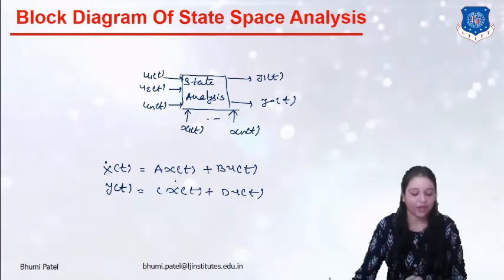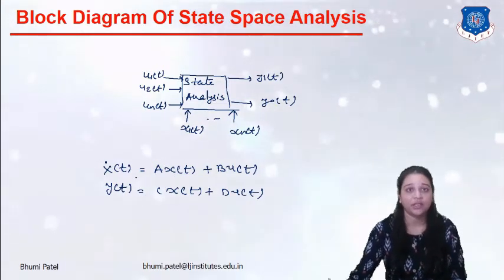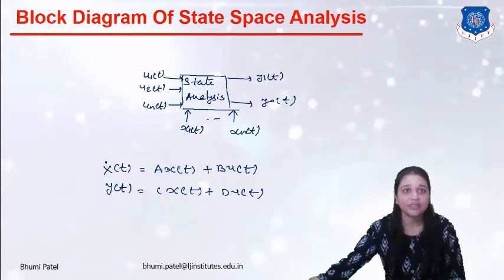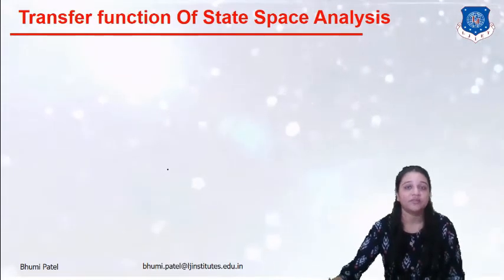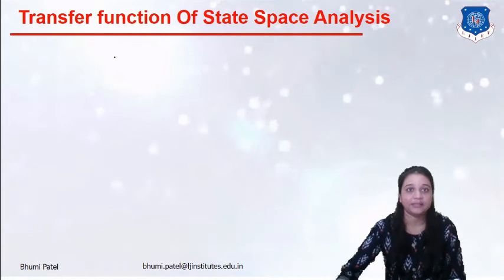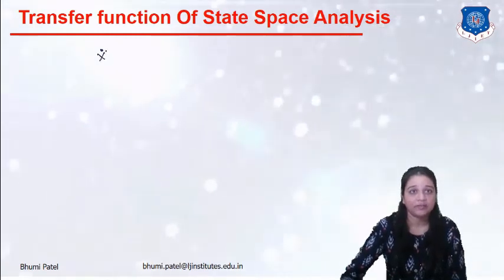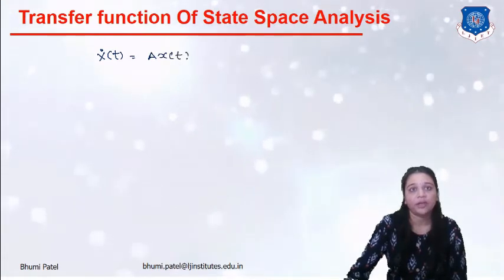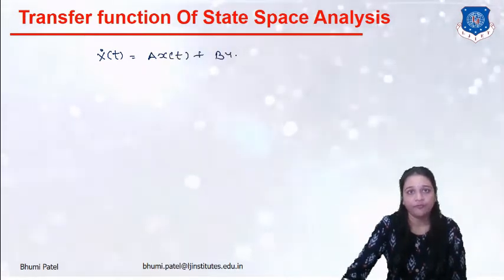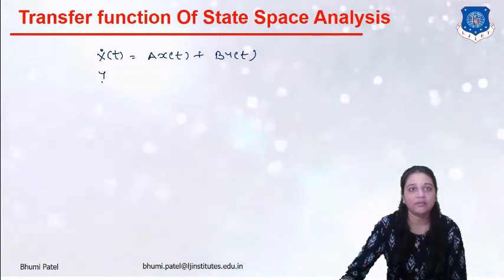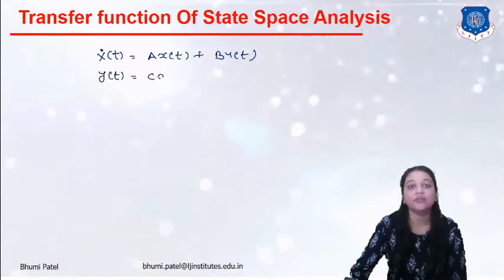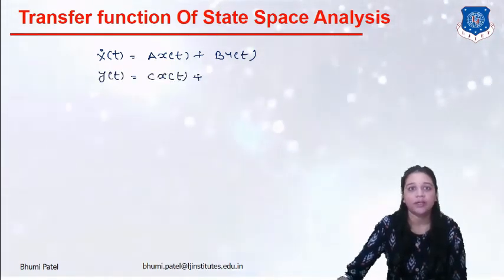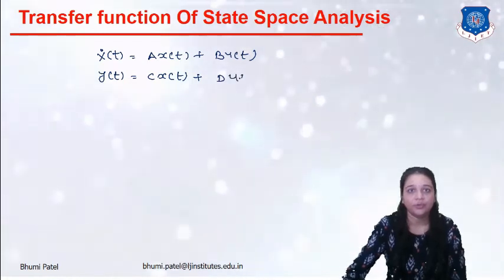Now we have to find the transfer function of this particular system, so we consider the equation x dot of t is equal to A x of t plus B u of t, and the output equation y of t is equal to C x of t plus D u of t.